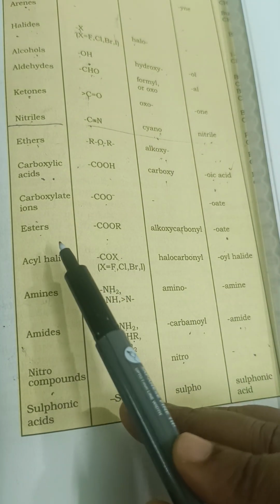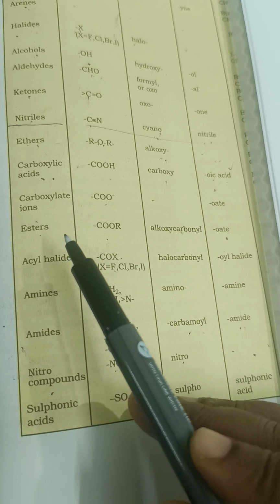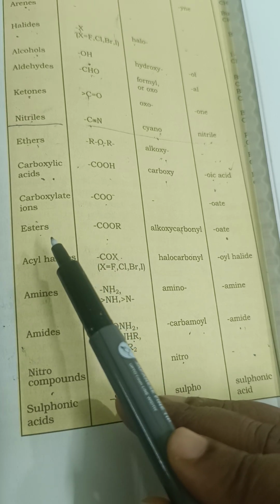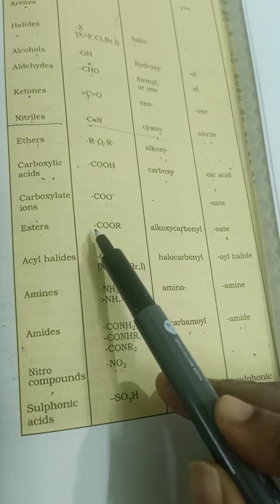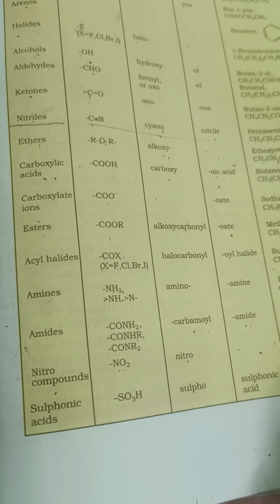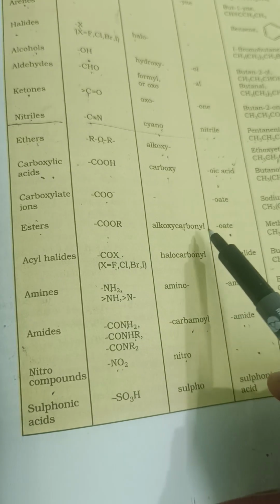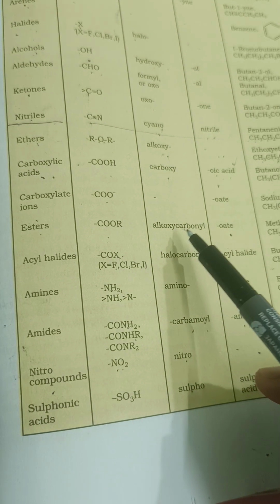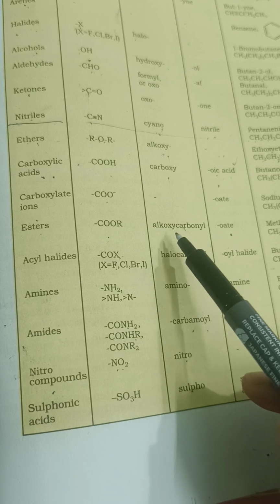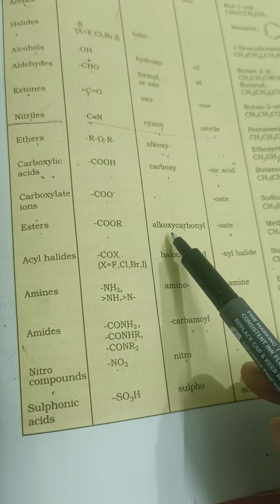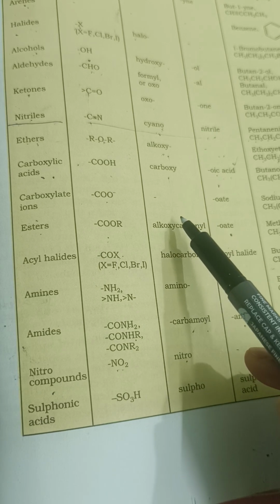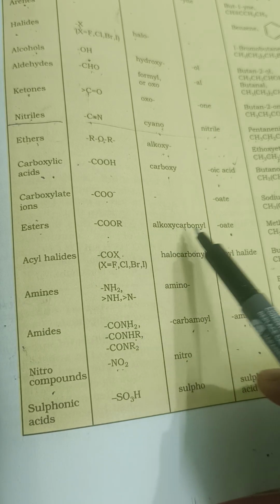Okay, next we go to esters. The functional group structure for esters is bond COOR, and the prefix given here is alkoxycarbonyl. I'll explain what alkoxy is and what the carbonyl group is, as it is a combination of two terms.